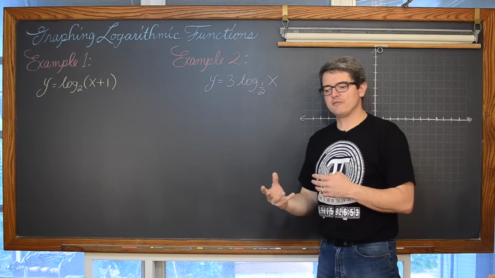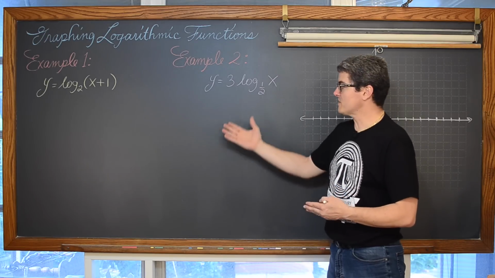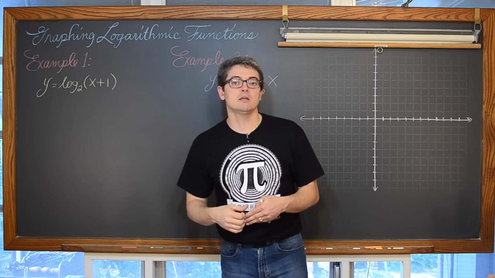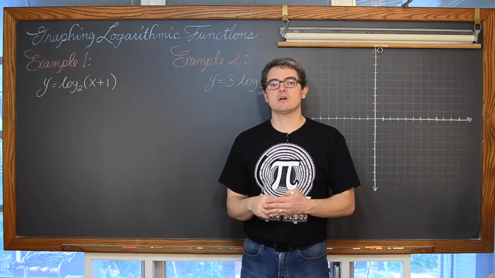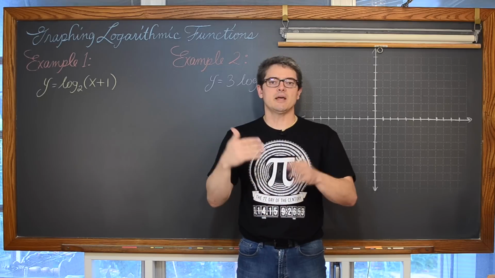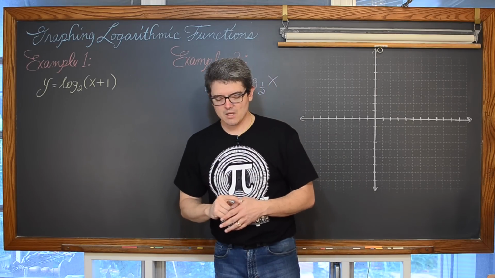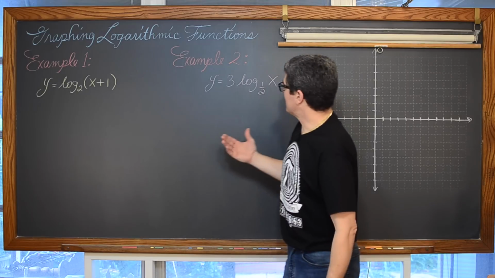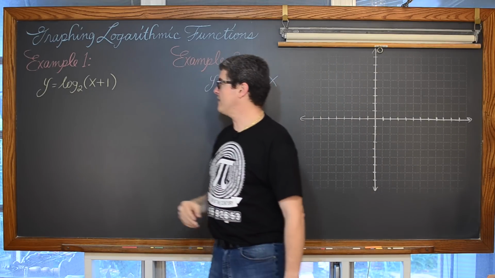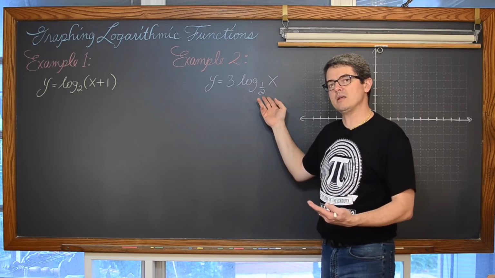And I finished off with an example very similar to how we're going to work these problems out. But then the last 1 or 2 examples I did was just sketching these functions based off of transformations, knowing the parent function and moving it left and right and up and down and flipping it. Well, if you don't know what the parent function looks like, maybe you know what y equals log base 2 of x looks like, but what happens when the base is equal to 1/2?